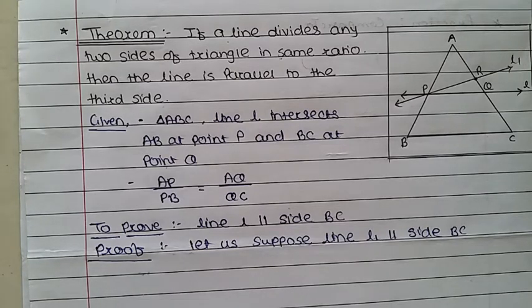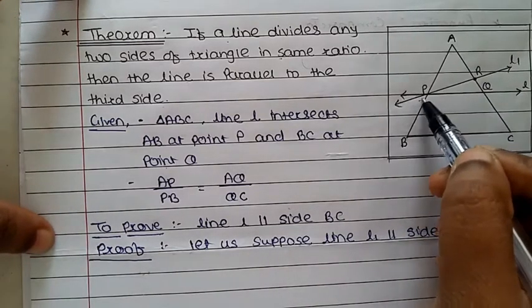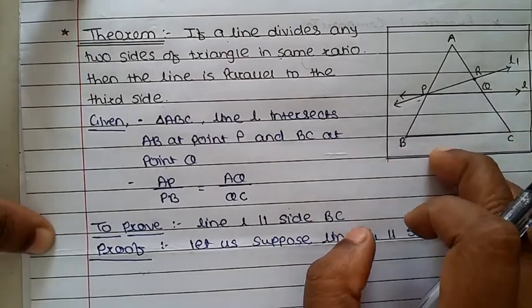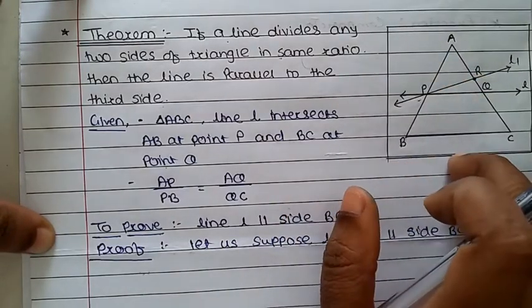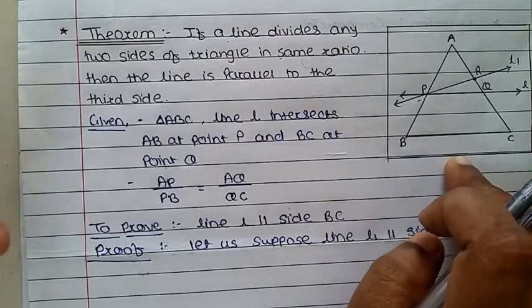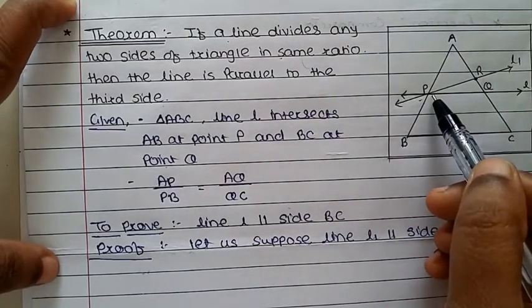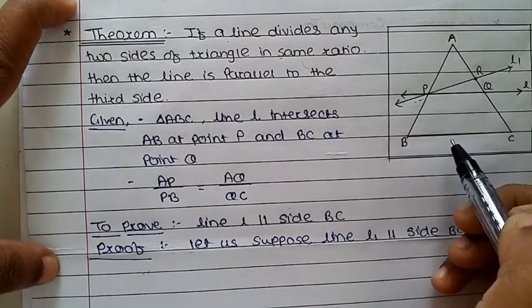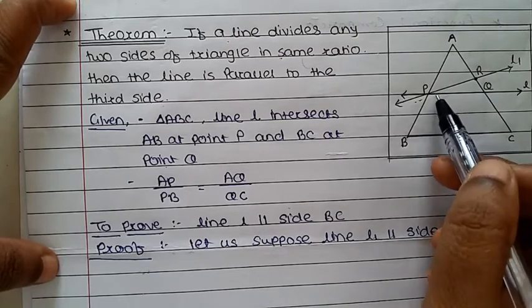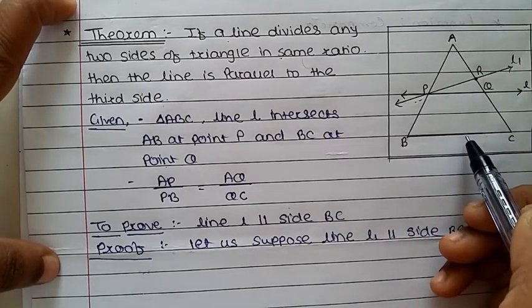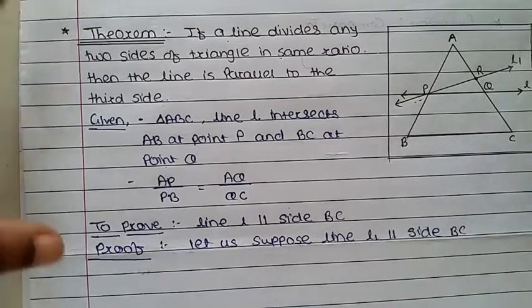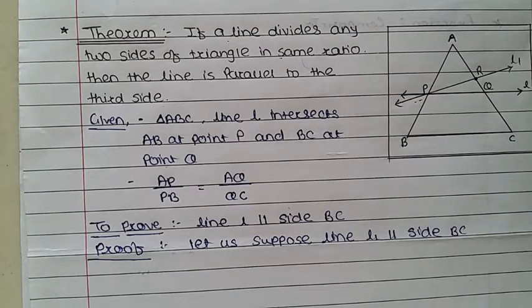Now, what is your BPT theorem? Suppose the line L1 is parallel to BC. When the given line is parallel to any side of the triangle, then what does the BPT theorem say?